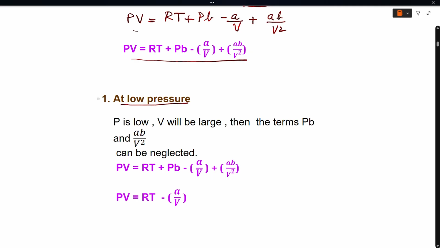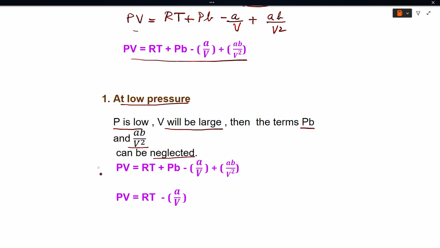So, first condition is at low pressure. Now, what happens at low pressure? When pressure is low, volume will be very large. Then the terms Pb and ab/V², these two can be neglected.